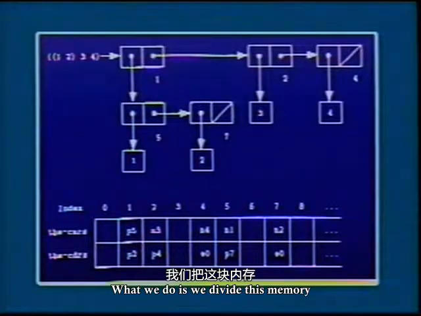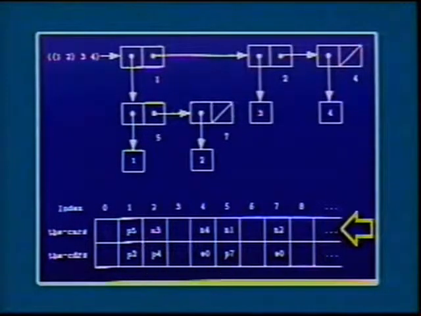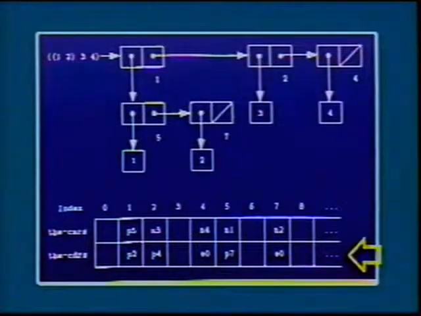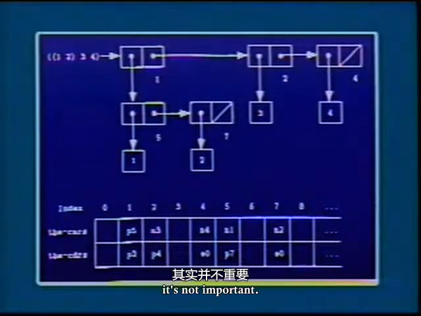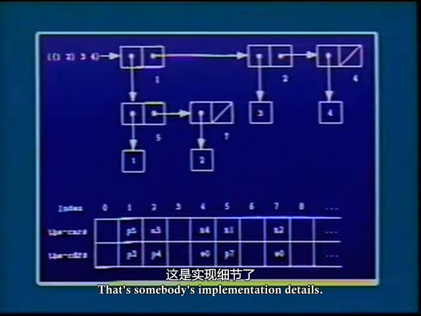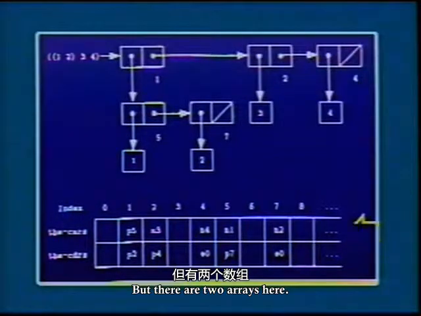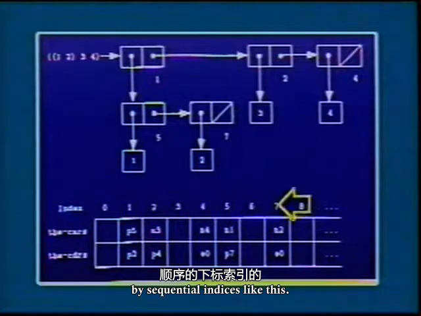What we do is we divide this memory into two parts, an array called the cars and an array called the cdrs. Now, whether those happen to be sequential addresses or whatever, it's not important. That's somebody's implementation details. But there are two arrays here, linear arrays, indexed by sequential indices like this.